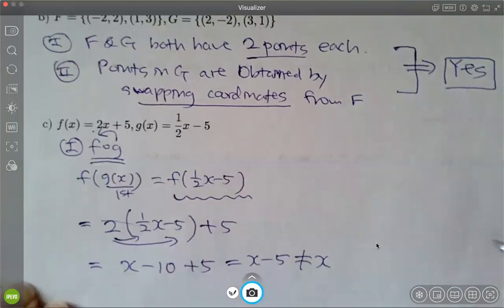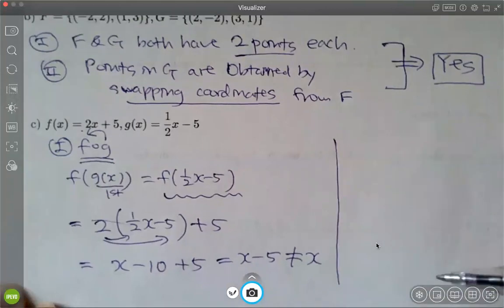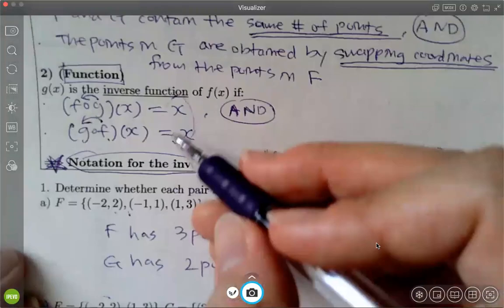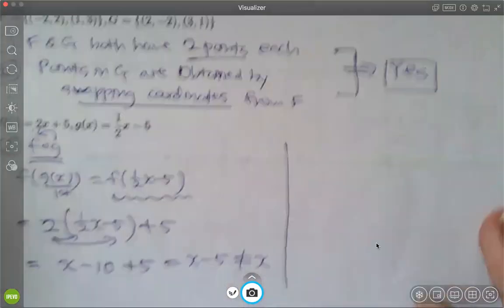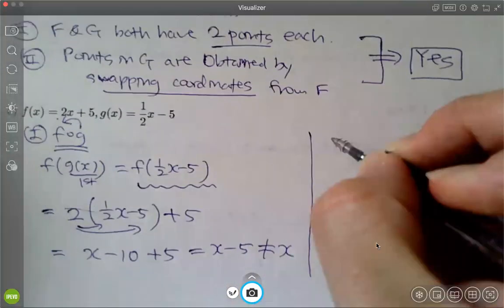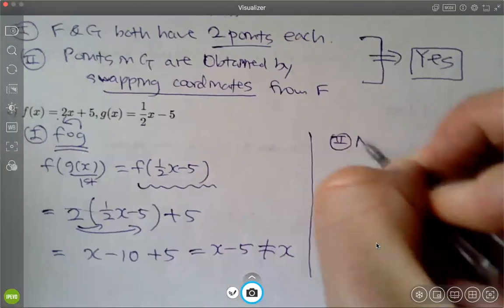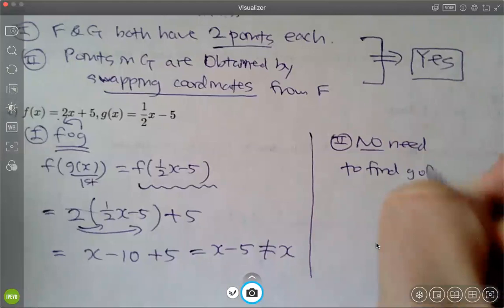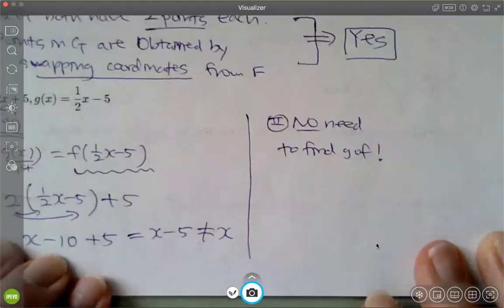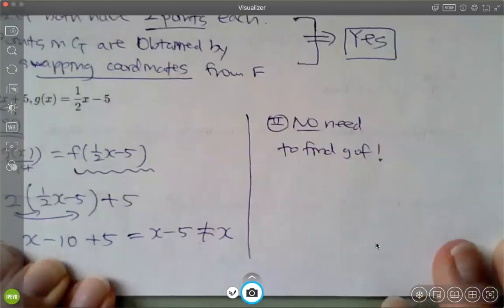Now, do we need to find G circle F? No. Why not? Because condition 1 has already failed, so we don't need to find G circle F. So what's the answer?